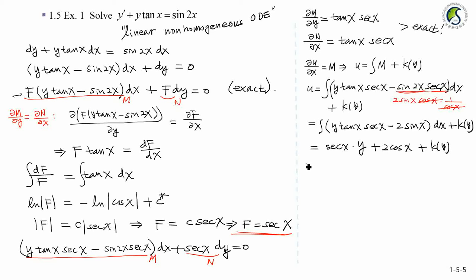The next step is to utilize du over dy is N. The first term has y there, so it's secant x, and there's no y in the second term, and the derivative of k, k prime, equals N, which is secant x.